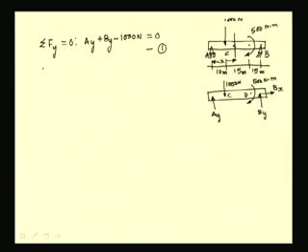Now, let us write a moment summation equation about A. We have the 1000 Newton force having a clockwise moment about A, which is a negative moment.